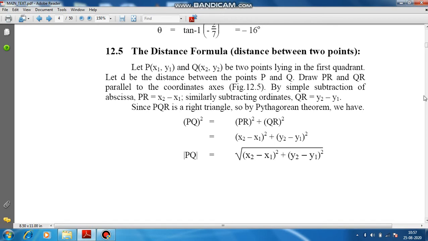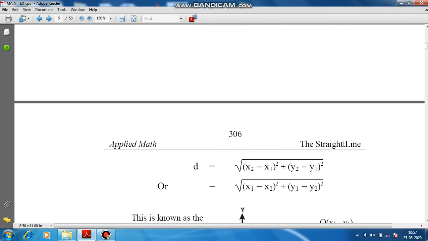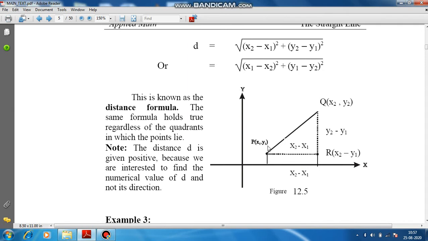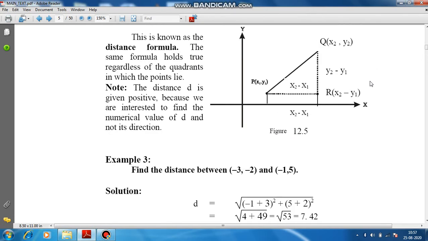This is also read by you in high school classes. If (x1, y1) and (x2, y2) are two points, then the distance is given by the formula d equals square root of (x1 minus x2) whole square plus (y1 minus y2) whole square. This is the distance formula.